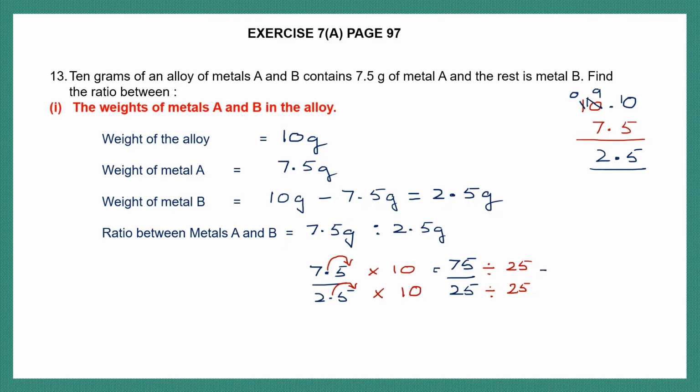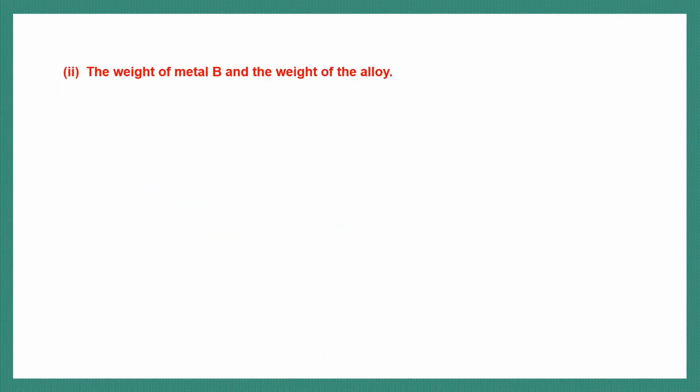Now 25 into 3 is 75 and 25 into 1 is 25. So my fraction is 3 by 1. When I put it as a ratio, it becomes 3:1. So the ratio between the weights of metals A and B in the alloy is 3:1.